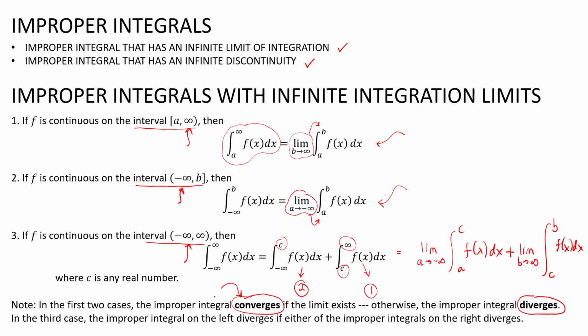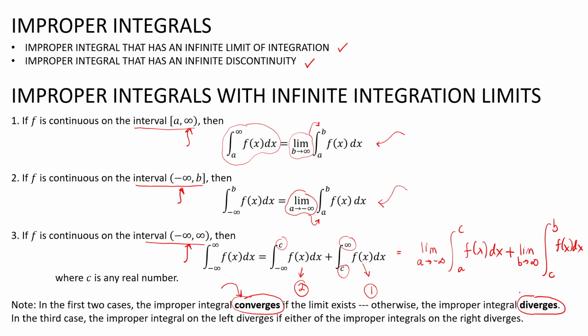Converging improper integrals are those having an exact value of their evaluation. For example, you get 1, you get 2, or any value; that is what a converging improper integral looks like.